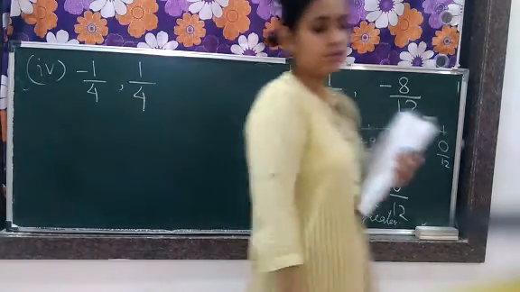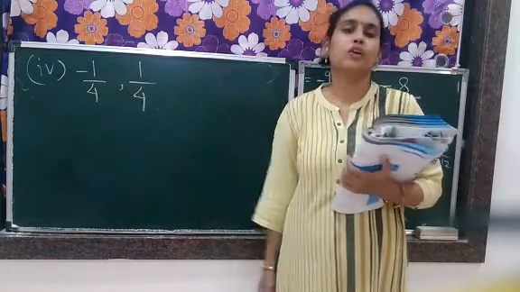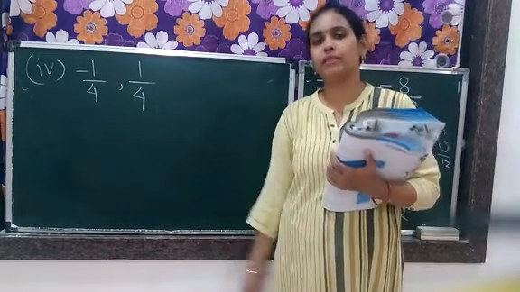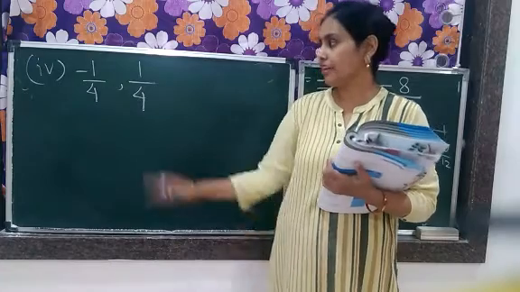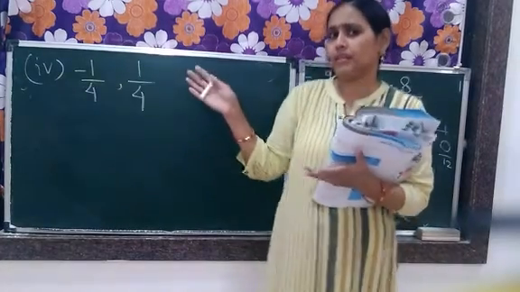Here, what would you like to say about it? Denominators are already same, so we will compare the rational numbers here. But when we are comparing the rational numbers here, we already see. Do we have to compare it? You see the sign?